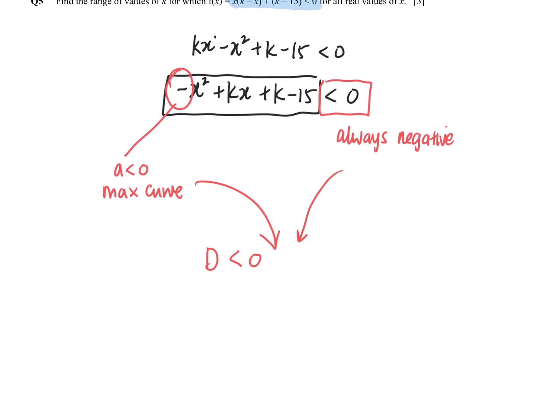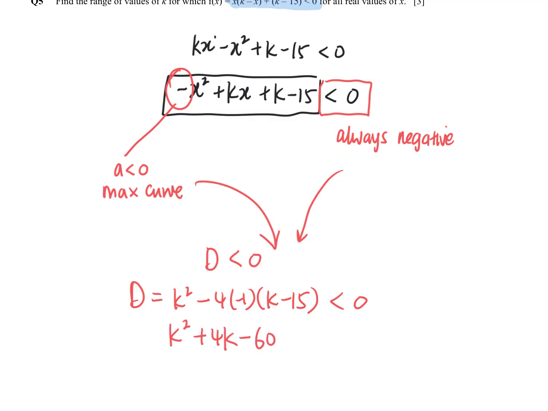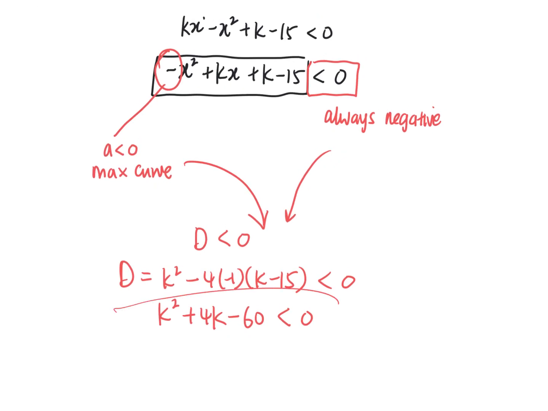So if I solve discriminant, which is b squared minus 4ac, then I end up having a quadratic inequality that I can factorize now.